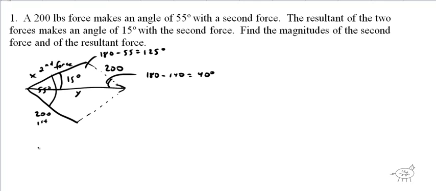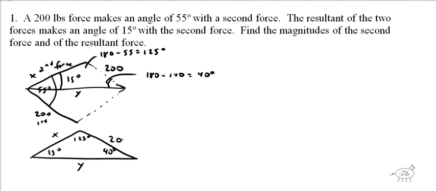So if I redraw this picture here, I get 40 degrees, 15 degrees, 125 degrees, and this is X, this is Y, and this is 200. Okay, so you have an opposite side angle ratio, so it means we're going to use law of sines.